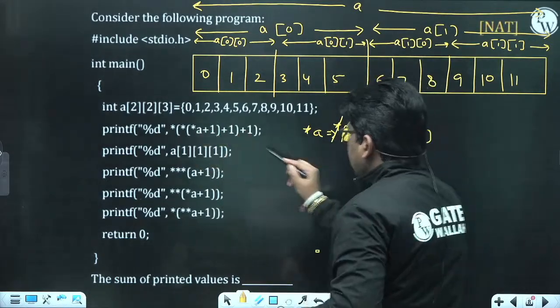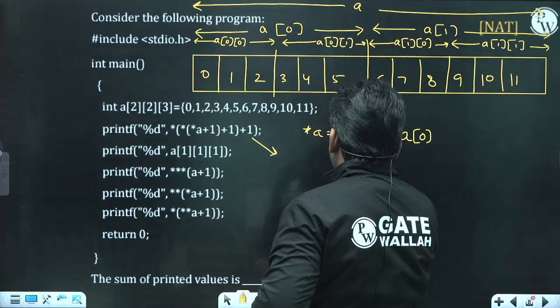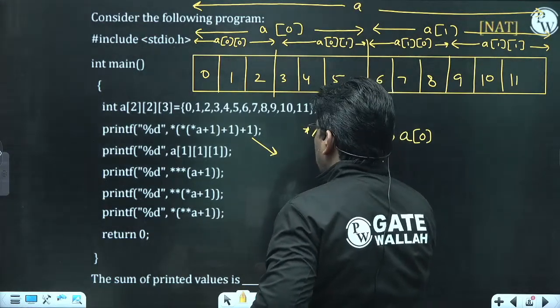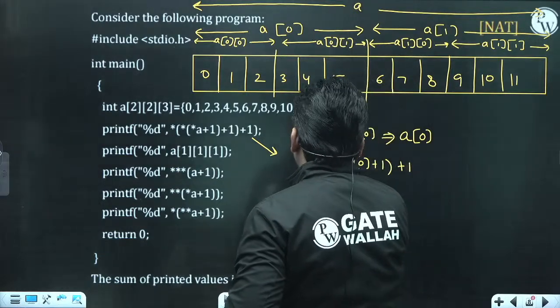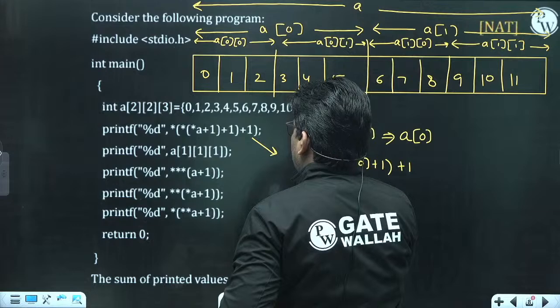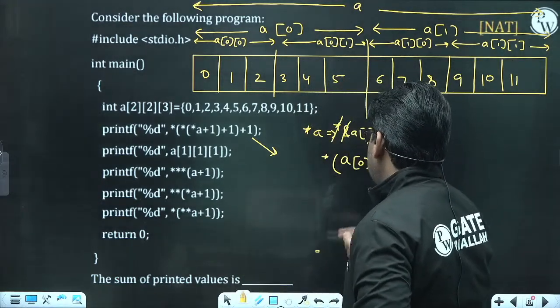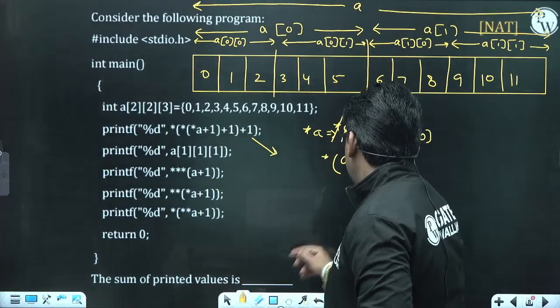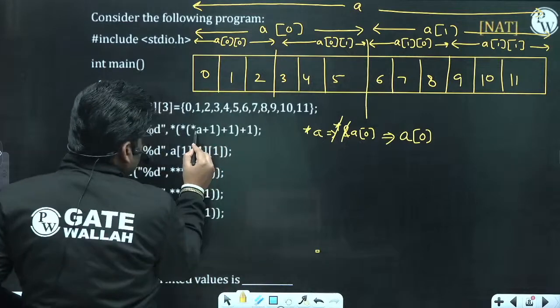That means I can rewrite this statement this way. Sir, it is A of 0 plus 1 whole star plus 1. Am I right? Just focus over here. Let me rewrite it here now. Sir, this becomes A of 0.